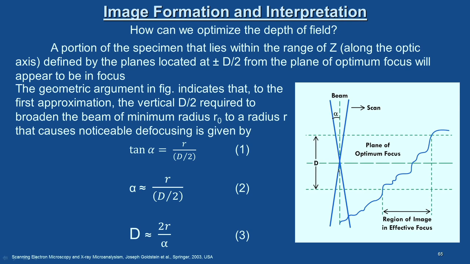So, with this geometry, it validates where the minimum radius r naught opens to r, where alpha is the glancing angle, which is approximated to r by d by 2, where d is equal to 2r by alpha.